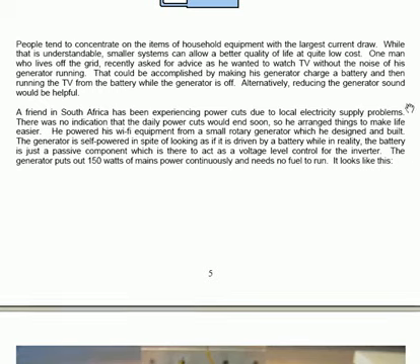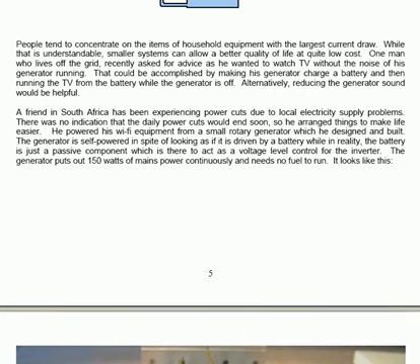That could be accomplished by making his generator charge a battery and then running the television from the battery using an inverter, while the generator is switched off and there's no noise. Alternatively, reducing the generator sound would be helpful anyway.